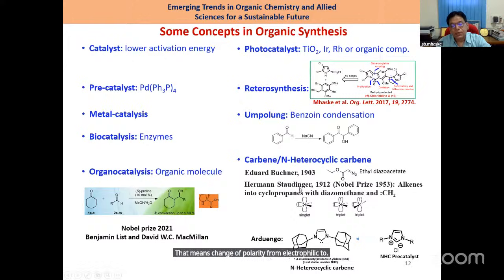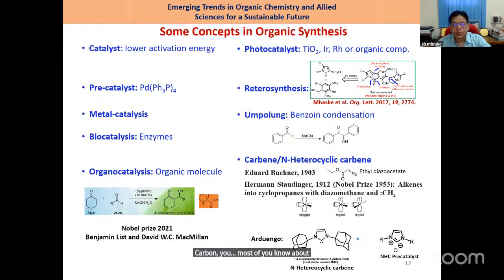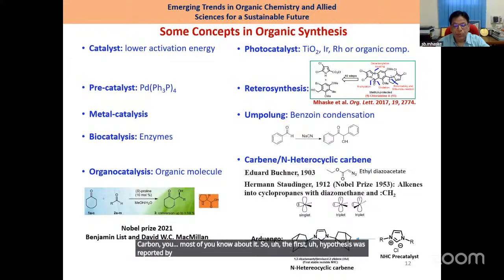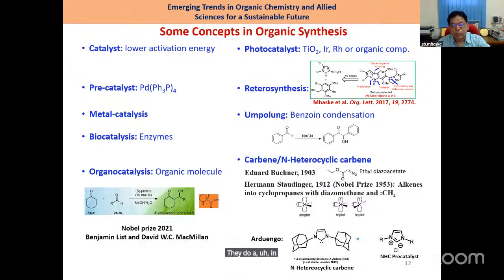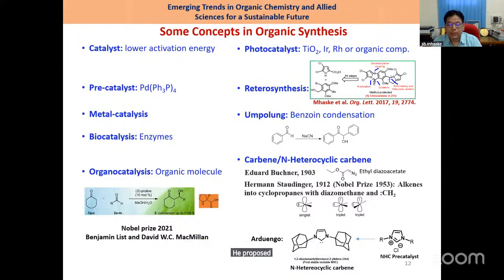Then another terminology that I will use is carbene or N-heterocyclic carbene. Carbene, most of you know about it. The first hypothesis was reported by Eduard Buchner in 1903, wherein he treated ethyl diazoacetate with toluene, and he proposed that probably it goes via a carbene.